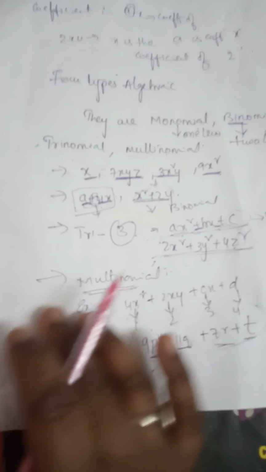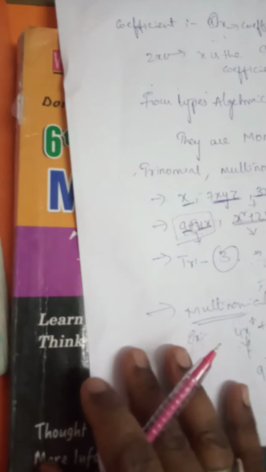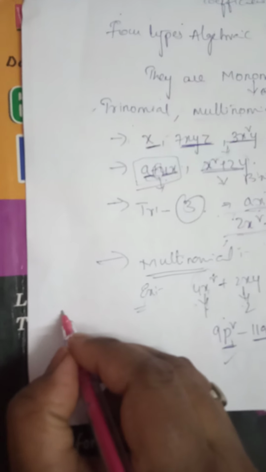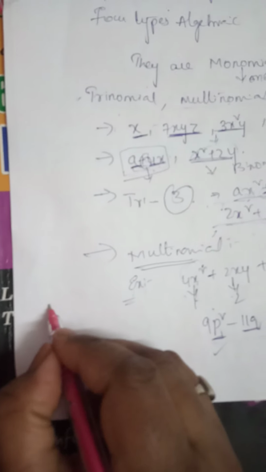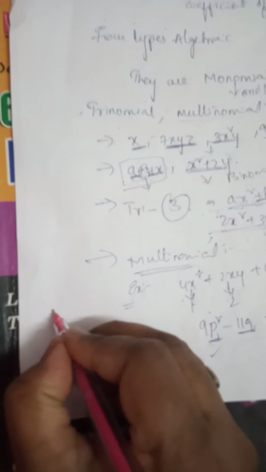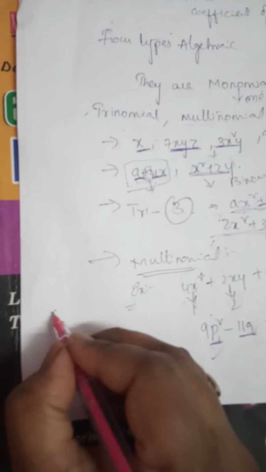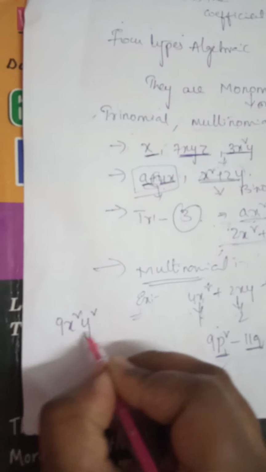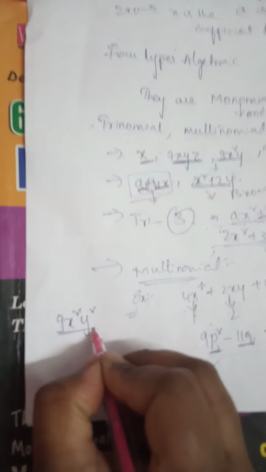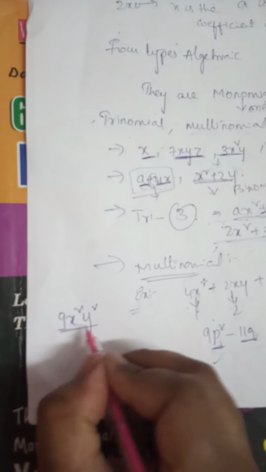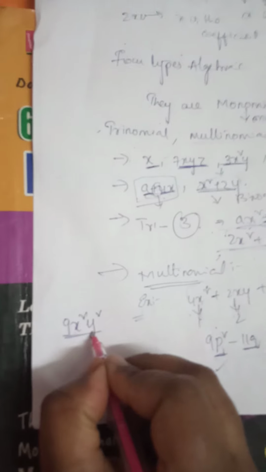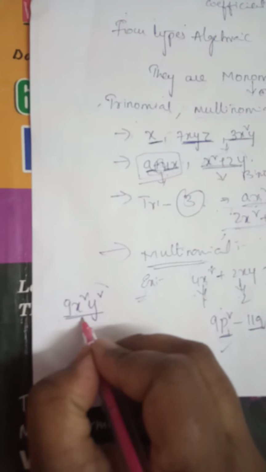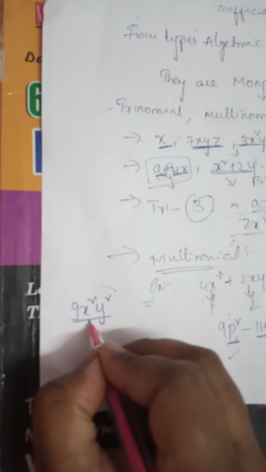Okay. Now coming to the degree of expression. Degree of expressions are nothing but the sum of all exponents. For example, I'll show in the example. 9x square y square. This is one term. Here all exponents are nothing but powers.